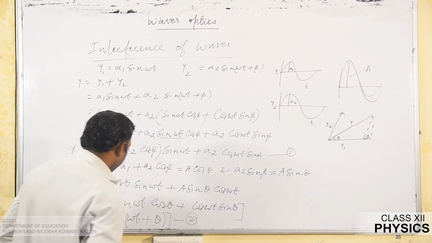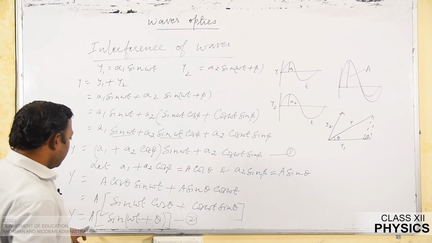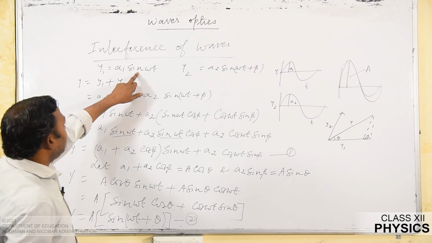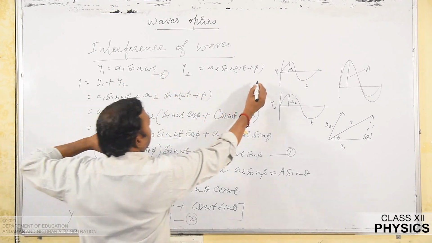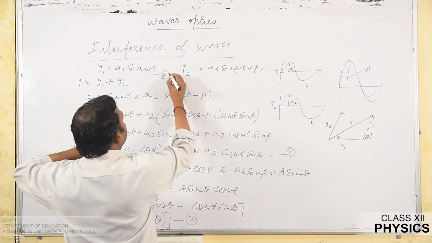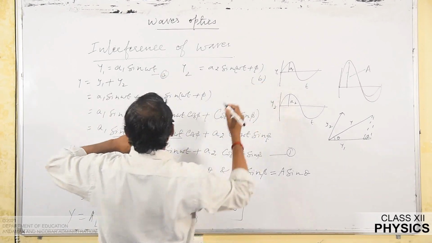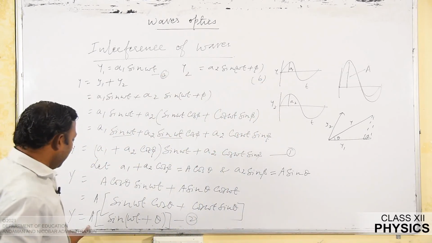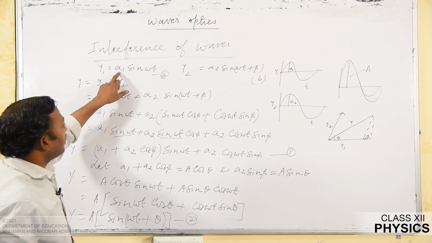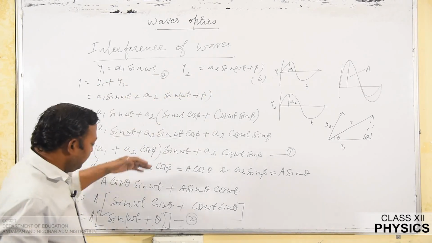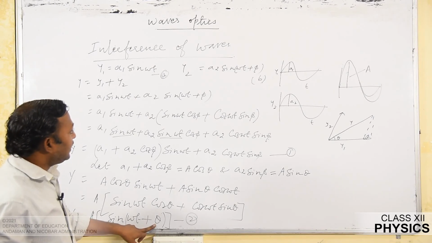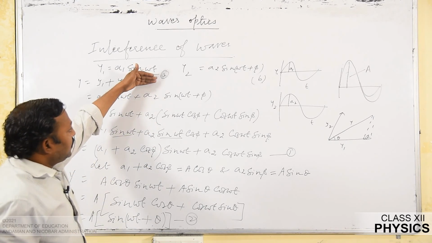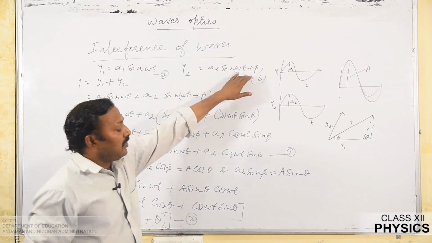equation 2. Now when we compare this equation 2 with the original equation, that is equation A and equation B, we find that the resultant amplitude is something different from the amplitudes of the individual waves at the same time, and the resultant wave will have a phase difference of theta compared to both the waves.